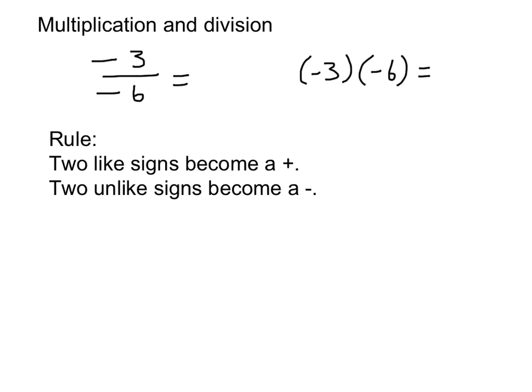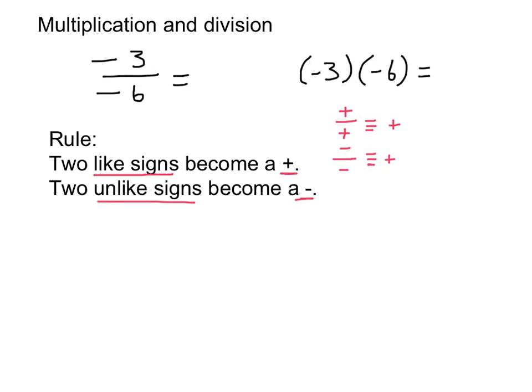The rule was that two like signs become a positive and two unlike signs become a negative. If I apply the first rule for division, two like signs are when a positive number is divided by a positive number, or when a negative number is divided by a negative number. The overall answer to both of these is positive.